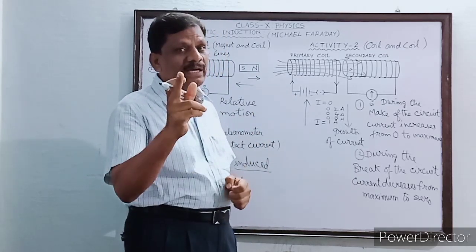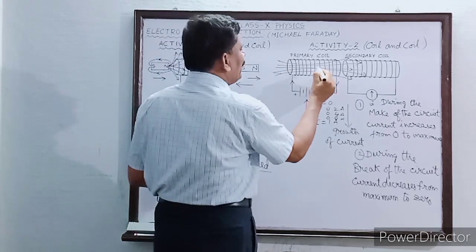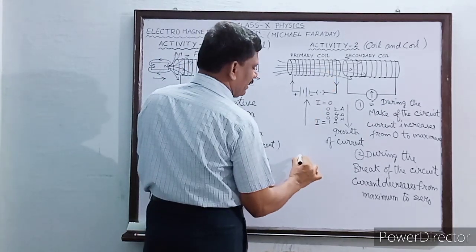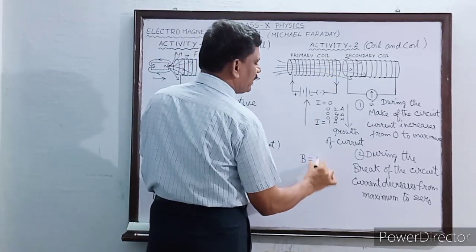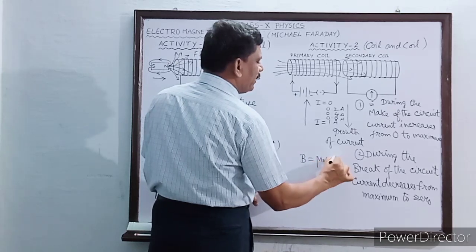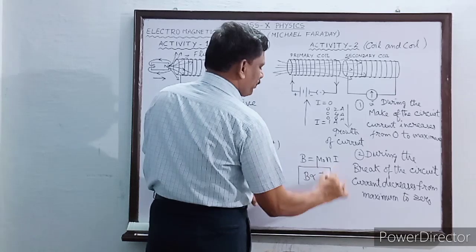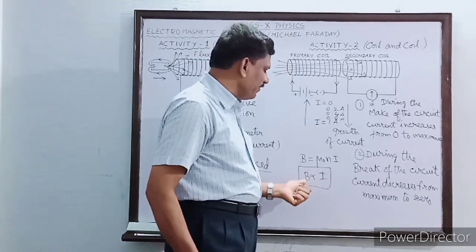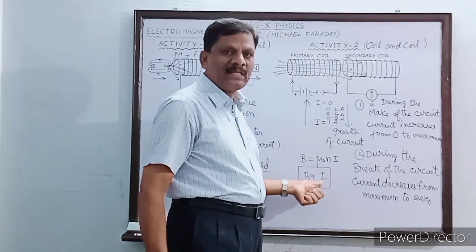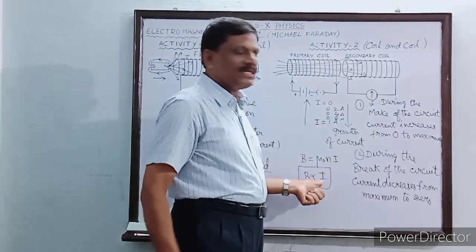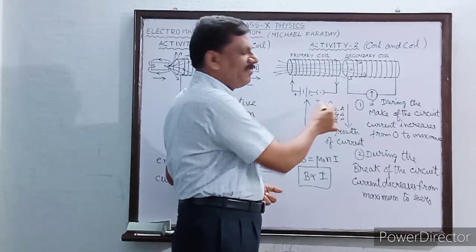Understand? See, already I have told you that the magnetic field due to the solenoid is given by mu naught into N into I. That is, B is proportional to I. Is it not? I told you the magnetic field strength is directly proportional to the current flowing through the solenoid. So when the current is 0, the magnetic field will be 0.